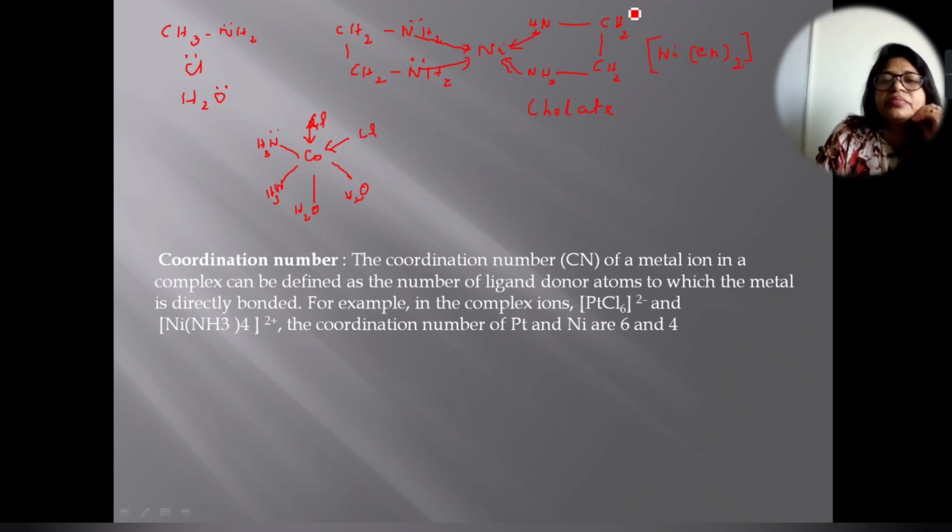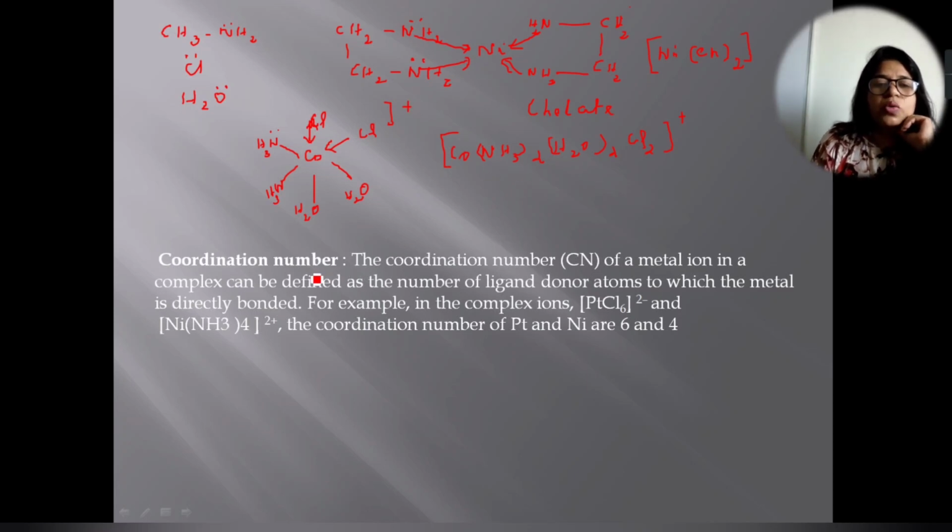Here I will write the complex as Co, 2NH3 is there, 2H2O is there, and 2Cl is there. Here I am writing plus, I am giving the charge for this as 3 plus. Charge of the central metal ion I am discussing in the next video.